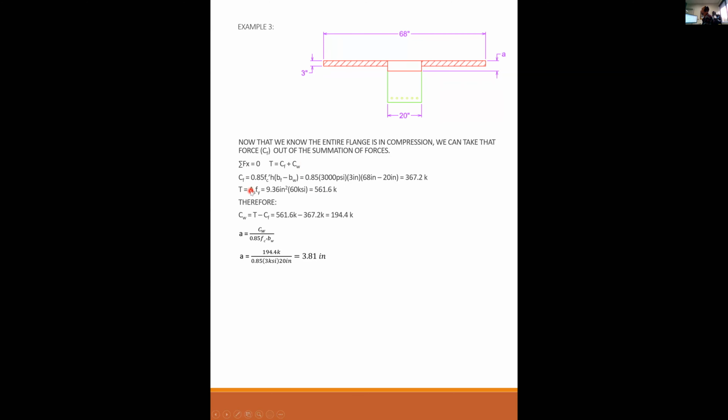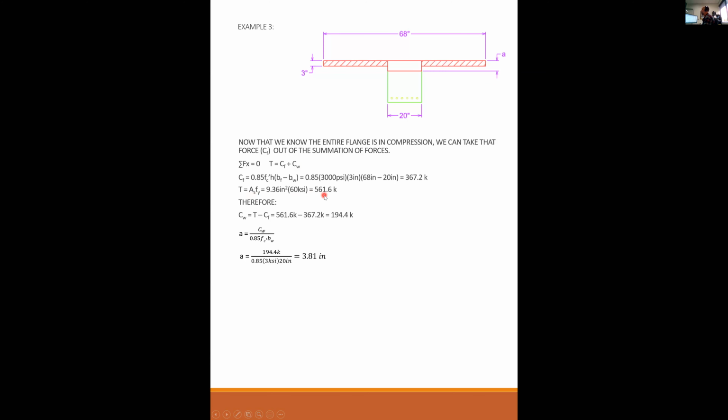See, the total horizontal force is equal to AsFy. C sub F is the tension inside the flange, right? C sub F is the compression. Compression in the overhanging flange. Oh, compression. The total tension is AsFy.